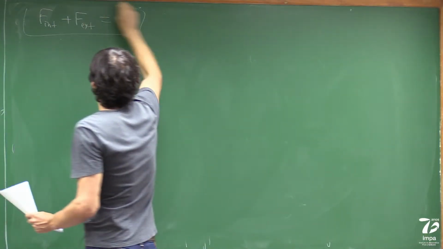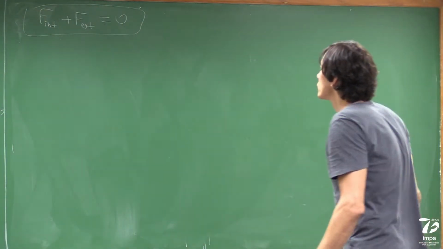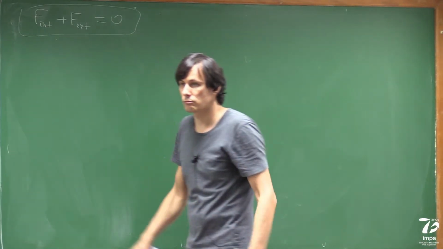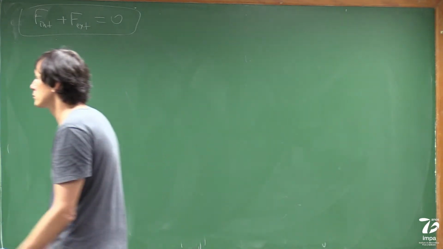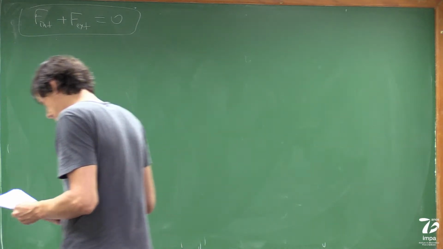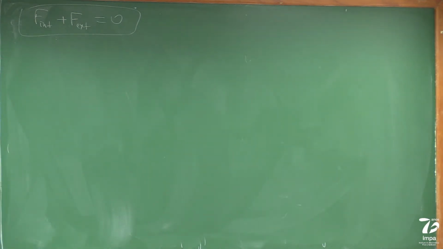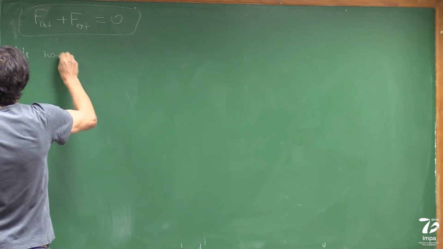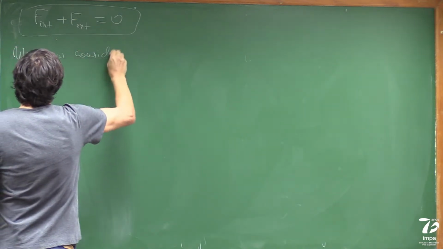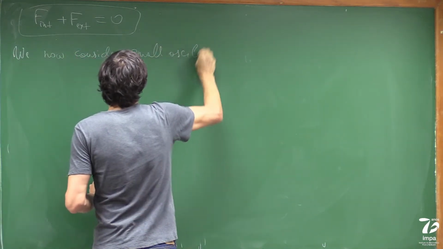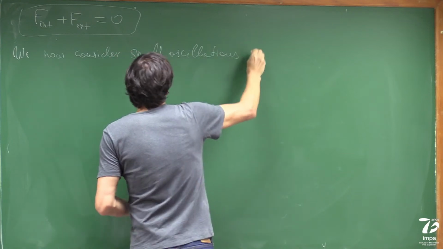That's the condition for equilibrium: all forces cancel each other. The internal force cancels the external force at a certain position. That means the system can stay in this position forever. So now we consider small oscillations near the equilibrium.